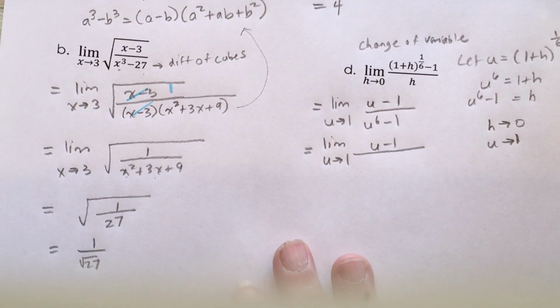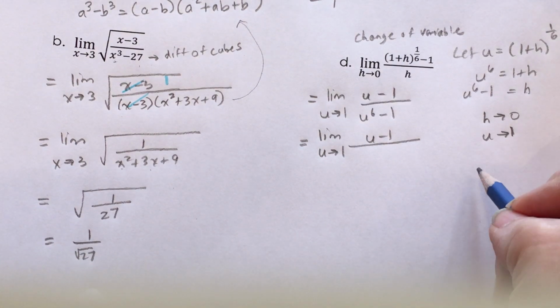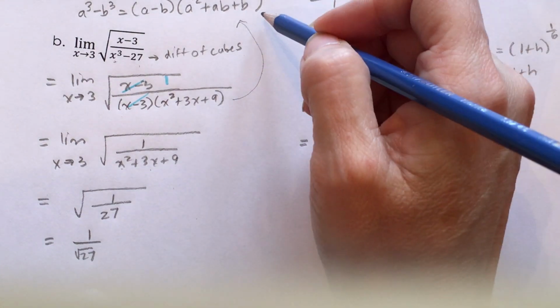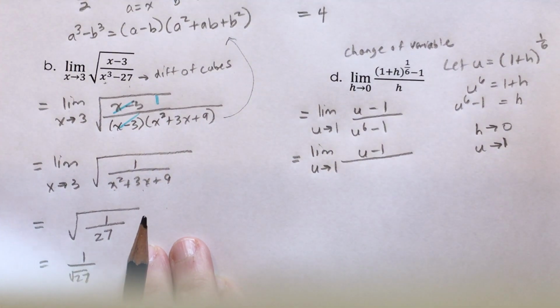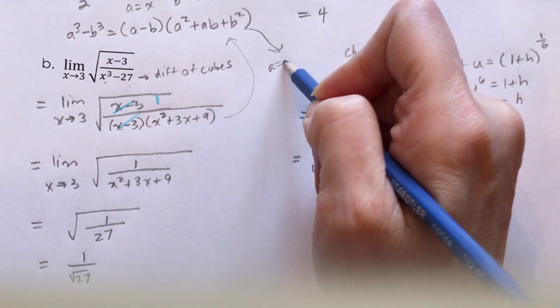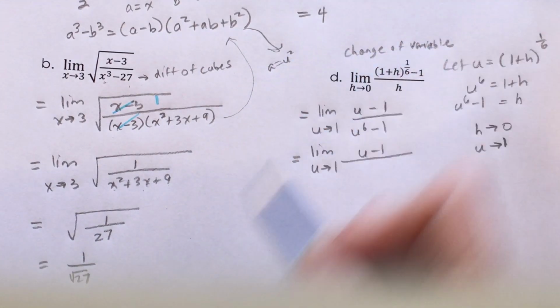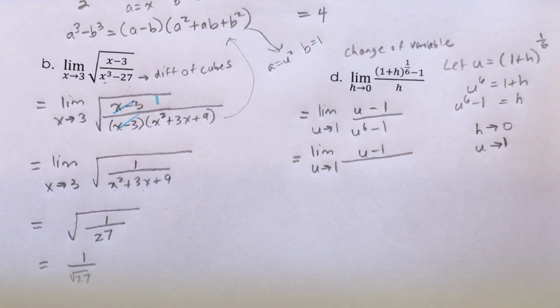So u to the 6 minus 1 could be thought of as a difference of cubes again. If we think about it, we've still got our formula up here. So in this case, we'd be thinking that our a was going to be u squared, because u squared to the third is u to the sixth, and our b would be 1.